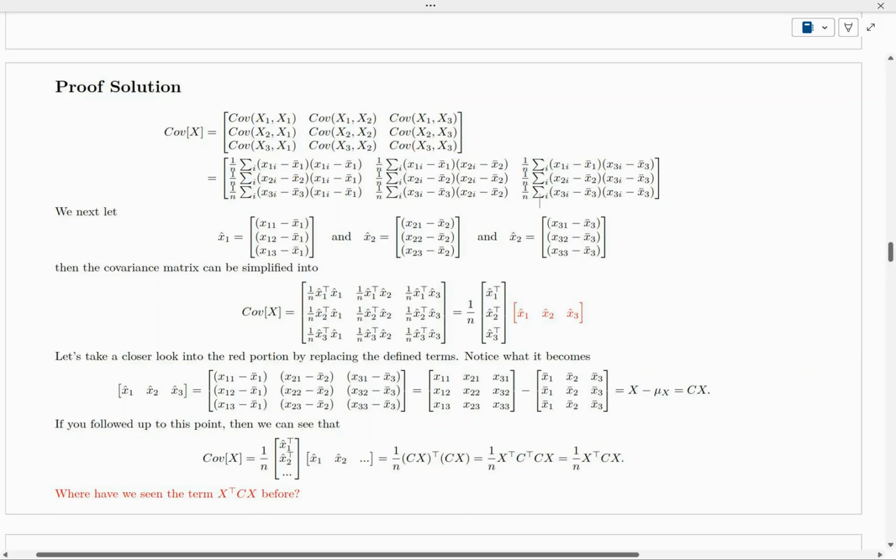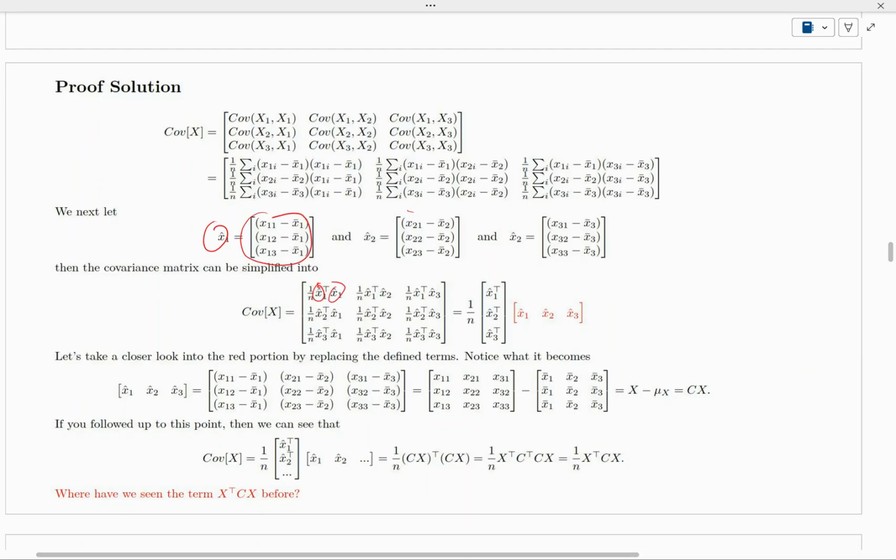Now, what is interesting is that if I define x hat 1 as these terms, so this is a vector of these terms, x hat 2 for the second one, x hat 3 for the third one, then the covariance matrix, notice how it's simple, can be simplified into these terms in terms of x hat 1. Notice how this is x1.